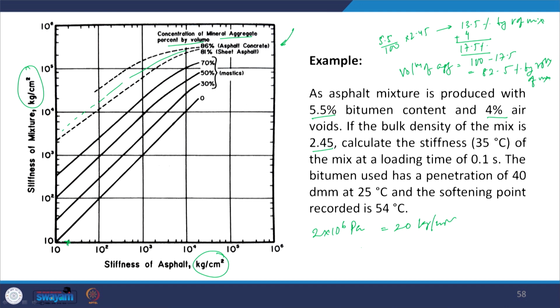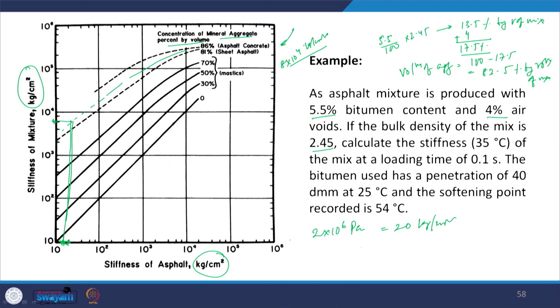So, this is 40, maybe here 20, and then we have to extend this graph to this particular location, somewhere here. So, this is what you get here. If you extend this, you will get that this is somewhere between 4, 6, 8 into 10 to the power 4 kg per centimeter square, just an example.